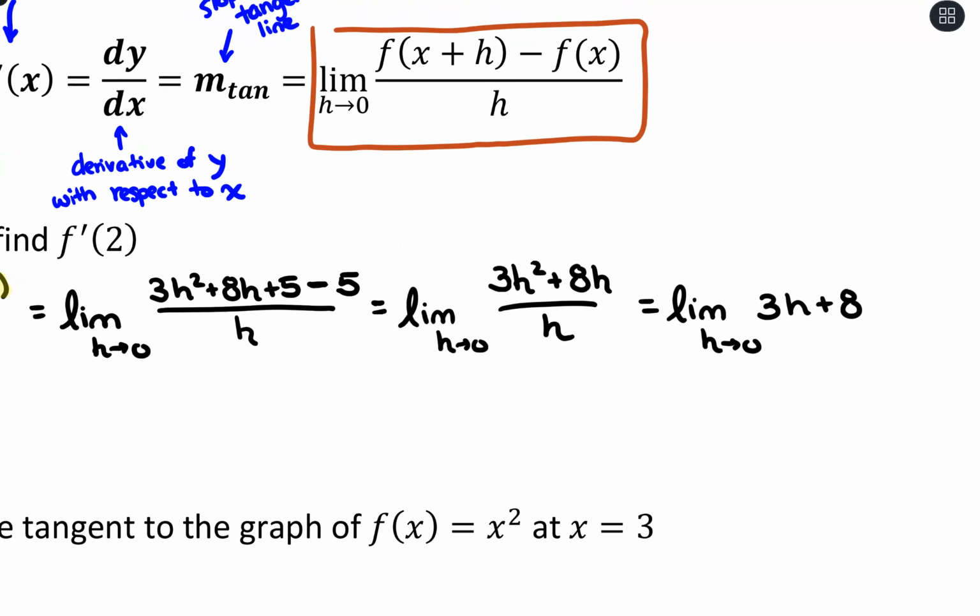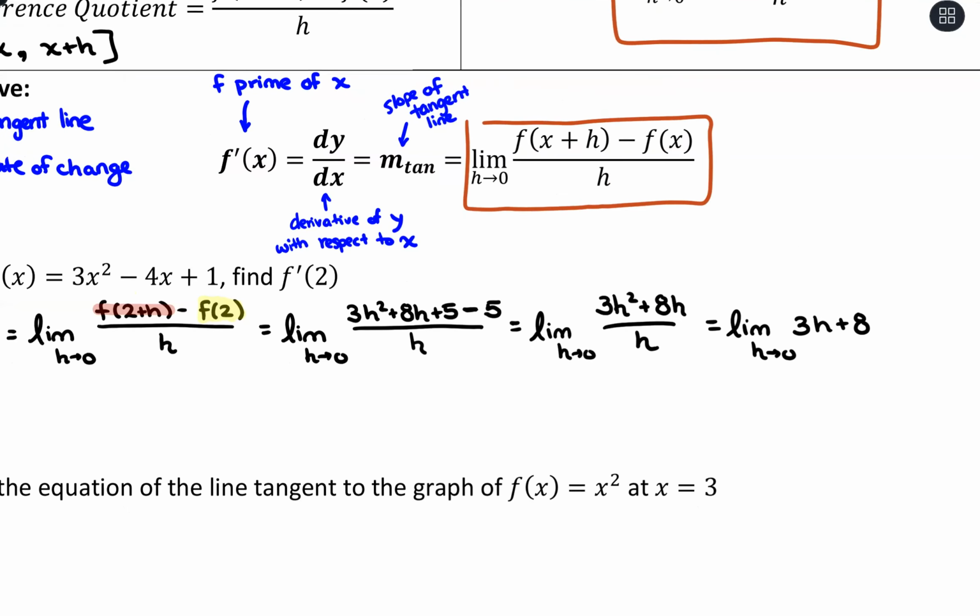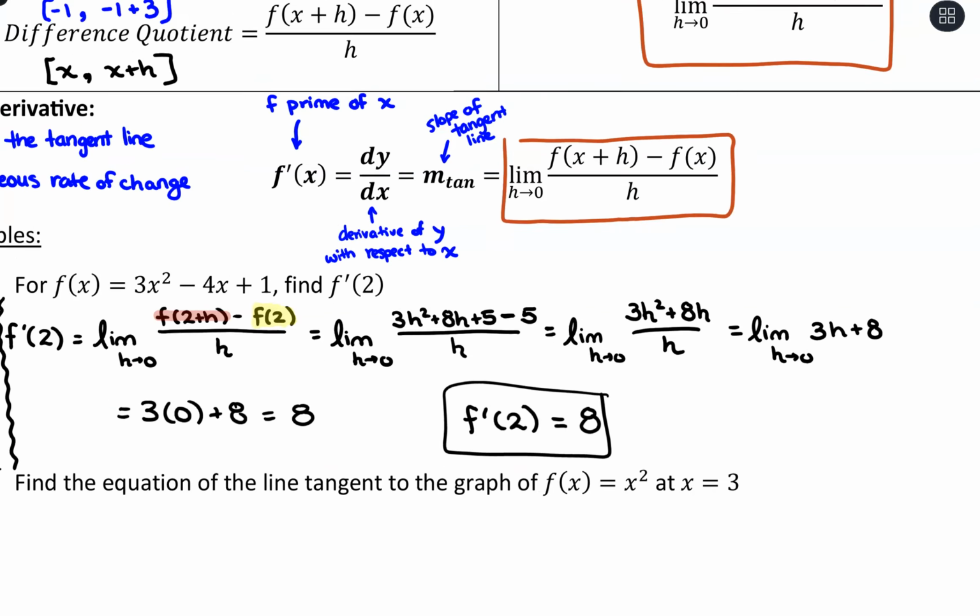And now I'm at a spot where I can plug in h equals 0. So I'm going to have 3 times 0 plus 8, which is 8. So all of that to show that f prime of 2, the first derivative of our function at x equals 2, is equal to 8 for our final answer.